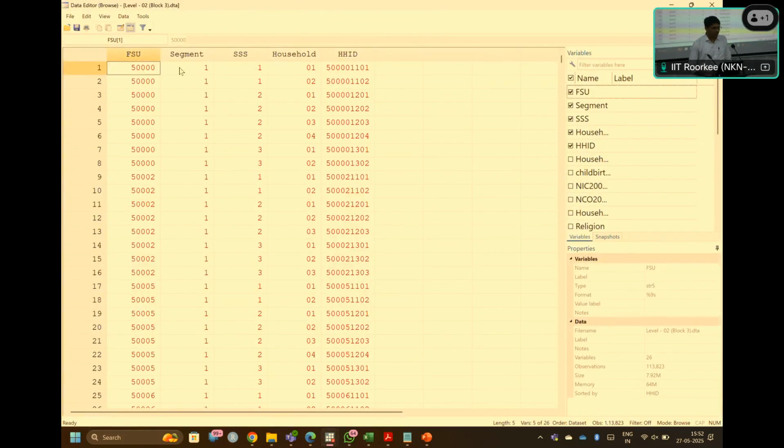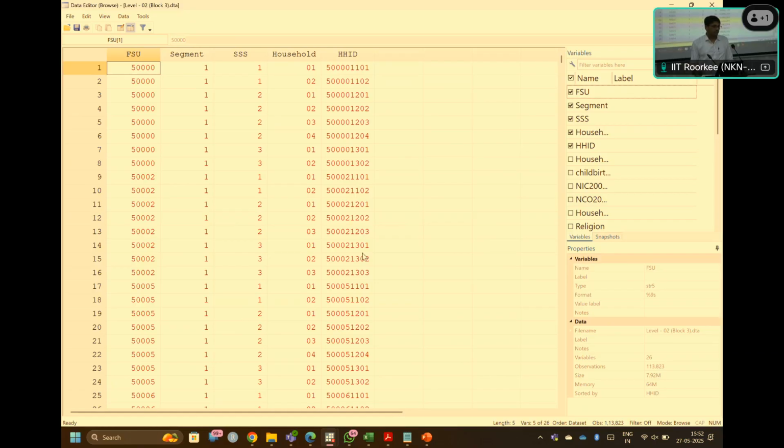You can see this first is 50,000, then 1101, 1101, isn't it? So we created this combined variable.